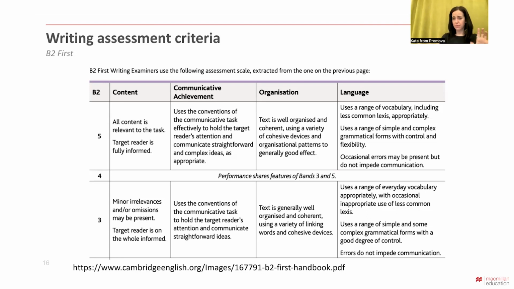However, this is a very helpful guiding tool for us to help our students prepare for what they actually need to do. So, for instance, the difference between a 5 and a 3: all content is relevant, and minor irrelevances or omissions are present.